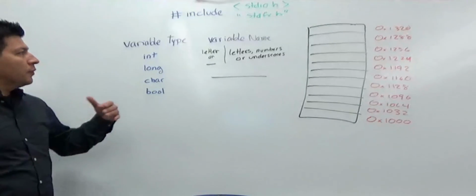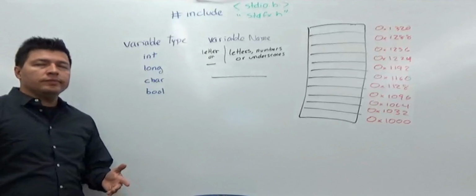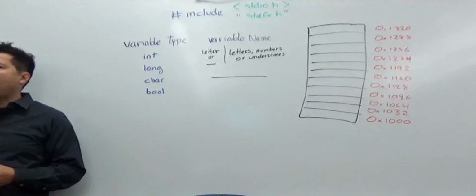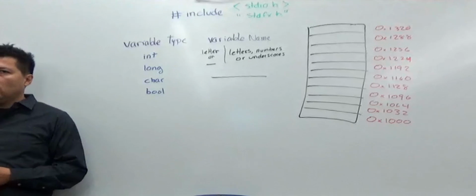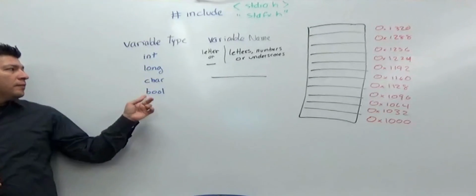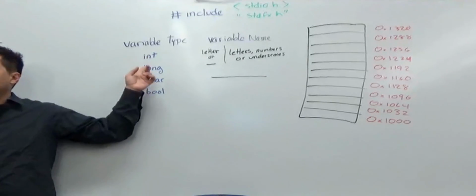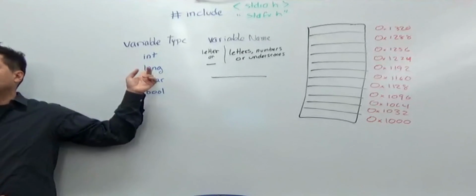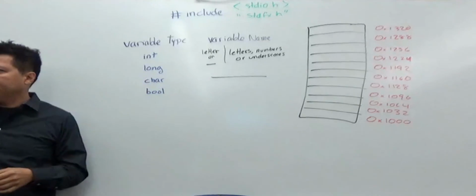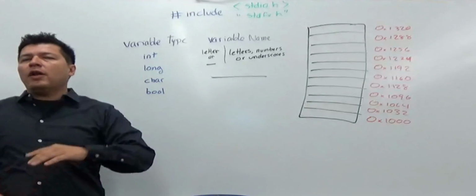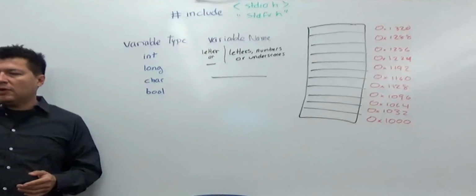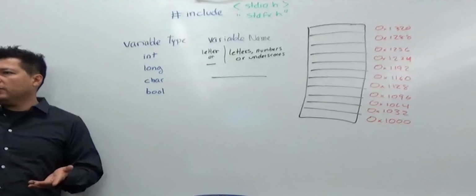So what we do is not a rule, it's a habit, I guess. We declare a variable, start the names with the first letter of the type. So if it's an integer, we start with an I, if it's a long, we start with an L, and so on. So when you have a long code, you could say, oh, start with an I, that's an integer. I don't have to worry about it.